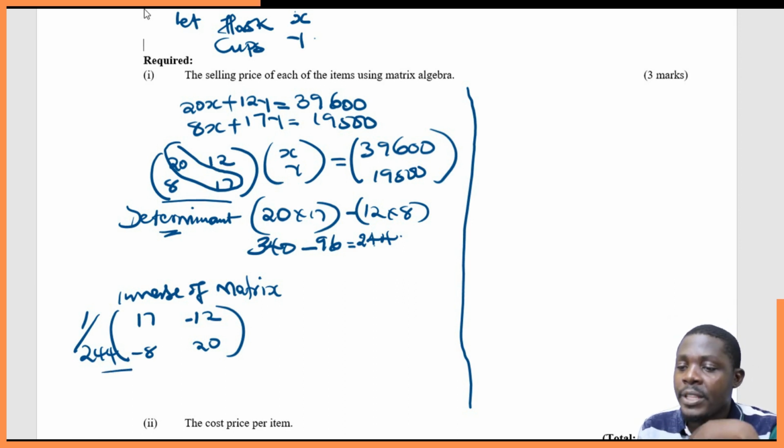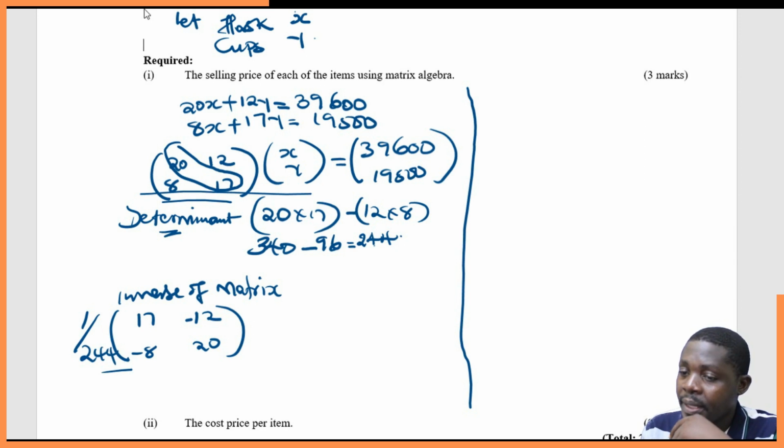If I multiply this particular inverse on this particular side, we'll get what we call the identity matrix, 1, 0, 0, 1. There's no need of going that route.